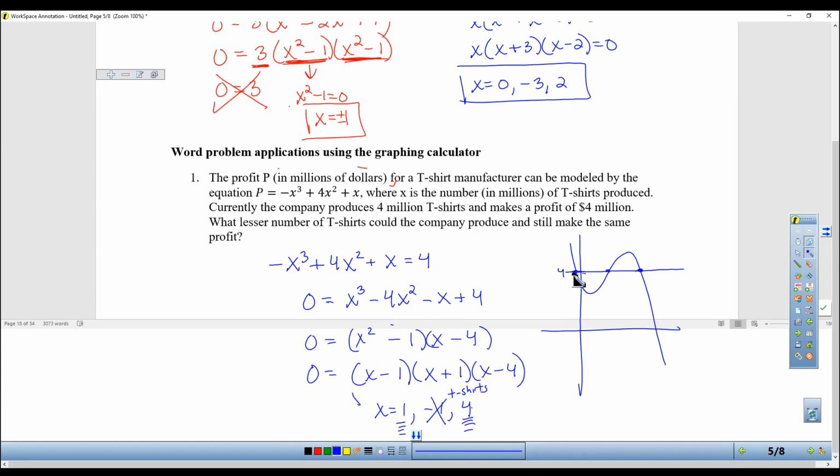The negative one, of course, doesn't matter. But if their profits follow a cubic equation, then the same exact profit could be yielded by 2 different x values. And of course, you want to choose the lesser one. You want to make fewer t-shirts and still make a $4 million profit. So what is the lesser number? 1 million.